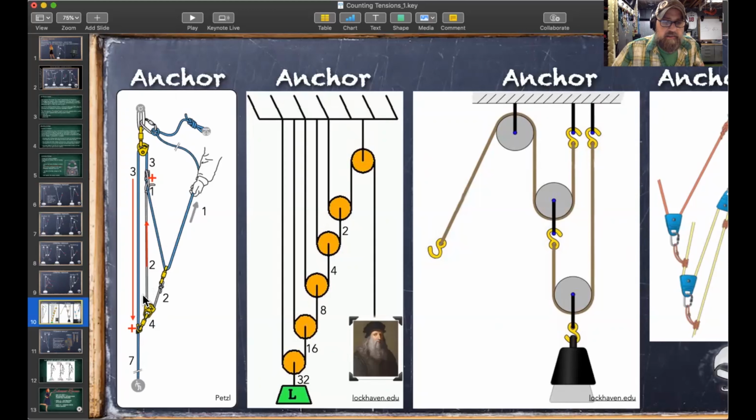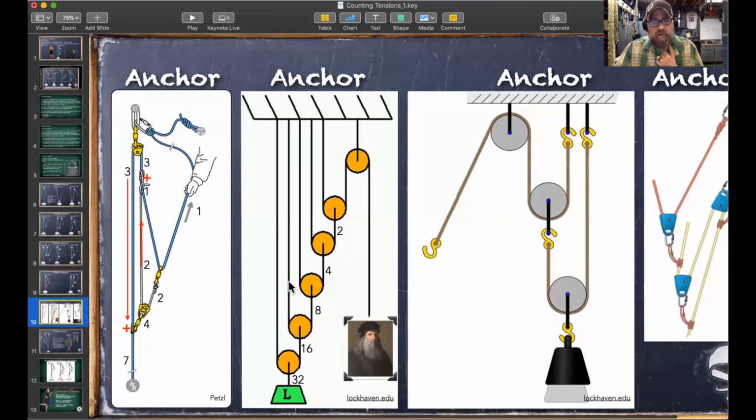That 2 that came out continues up. 2 plus 1 is 3. So now I have 3 going into this microtraction. 3 has to come out the microtraction, which means I would have 6 up here on my anchor. So that 3 that came out, which is actually my load line here, travels down to my T-block. The T-block is holding 4. So 3 plus 4 is 7, and that's a 7-to-1 mechanical advantage.